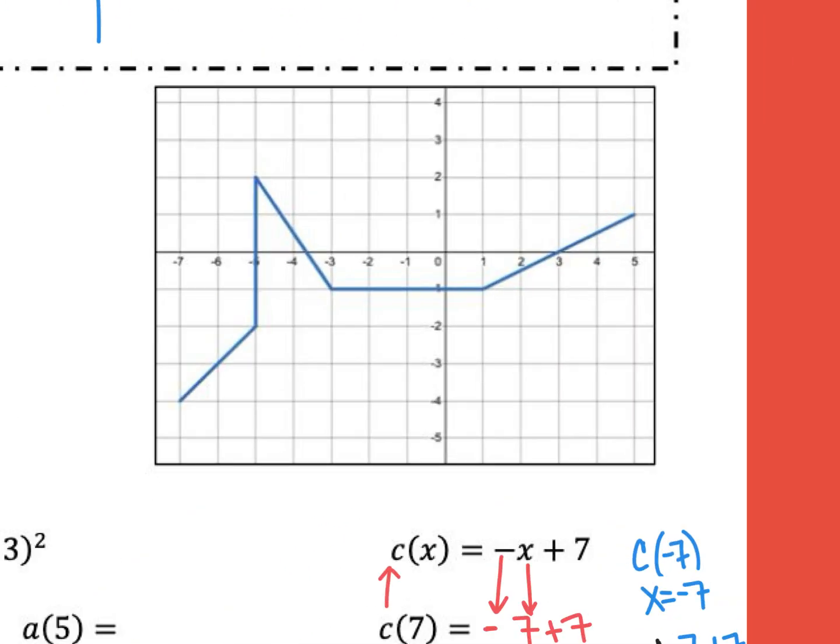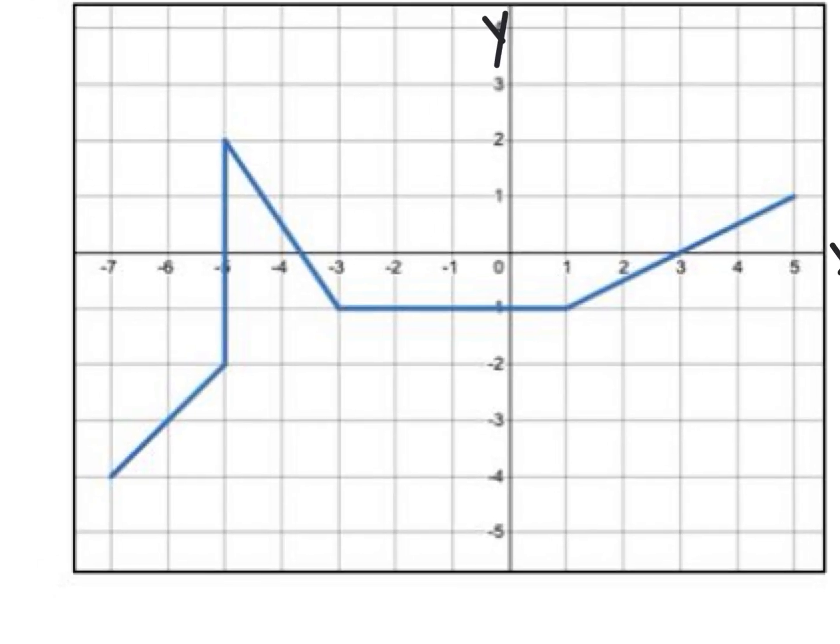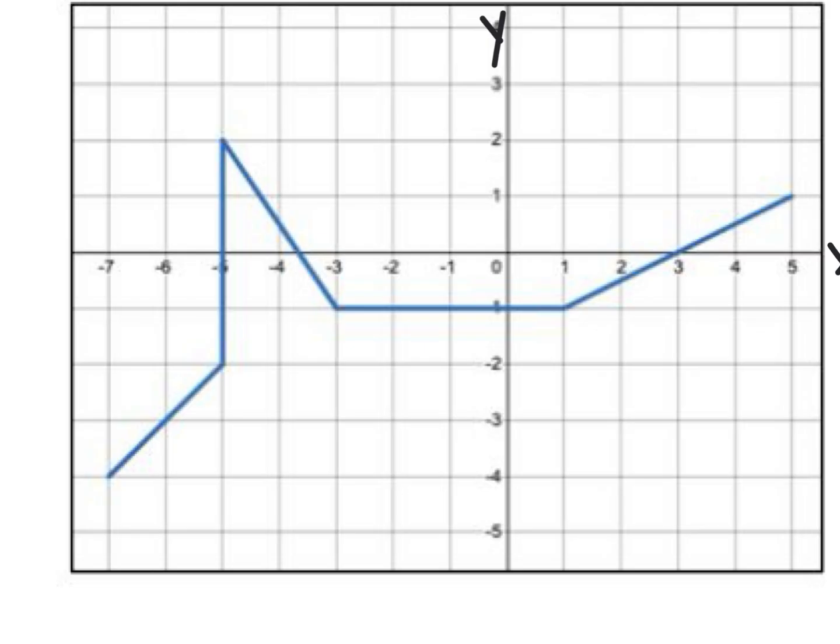So I could even come over here if it helps you to label x and y, you could do that. And we are looking on the horizontal axis for negative 7. Do you see it? I want you to put your pencil on it. I see it right here. And we're going to go down to where we're touching the graph. That's where our x is negative 7.